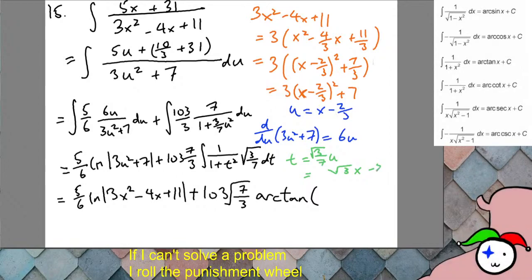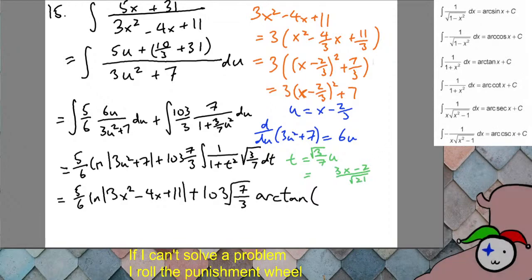Yeah, 2 over root 7. No. 2 root 3. Oh, alternatively this is 3x minus 2 over root 21. There we go.